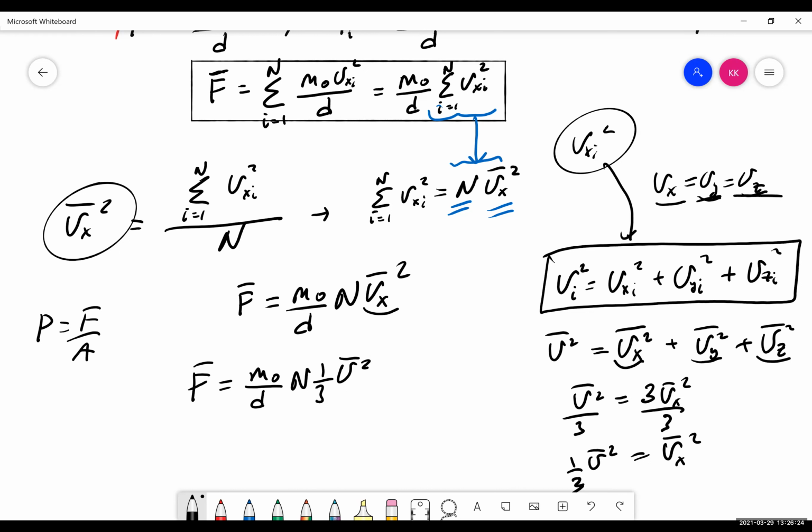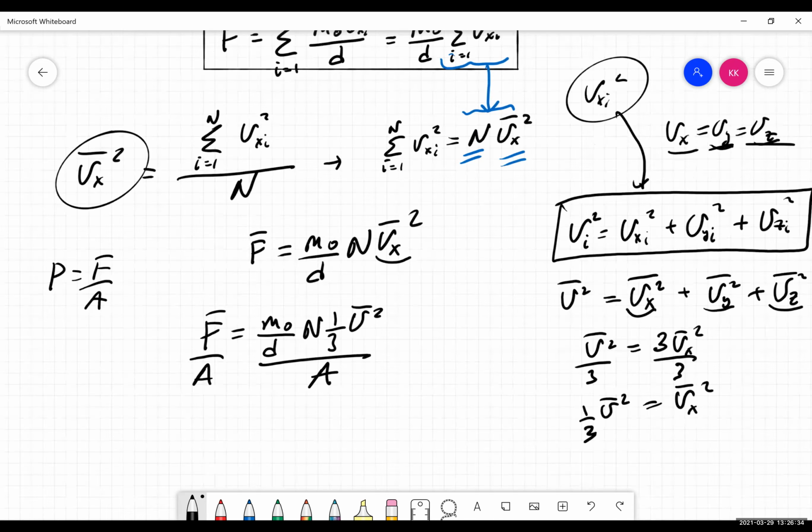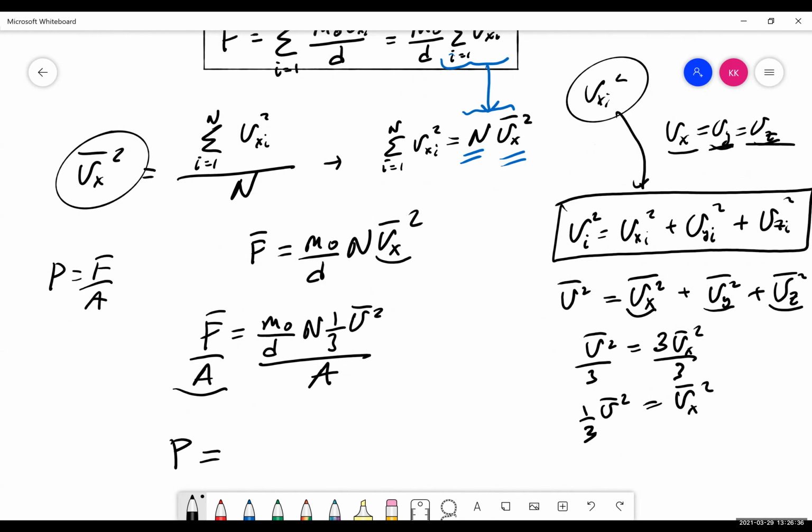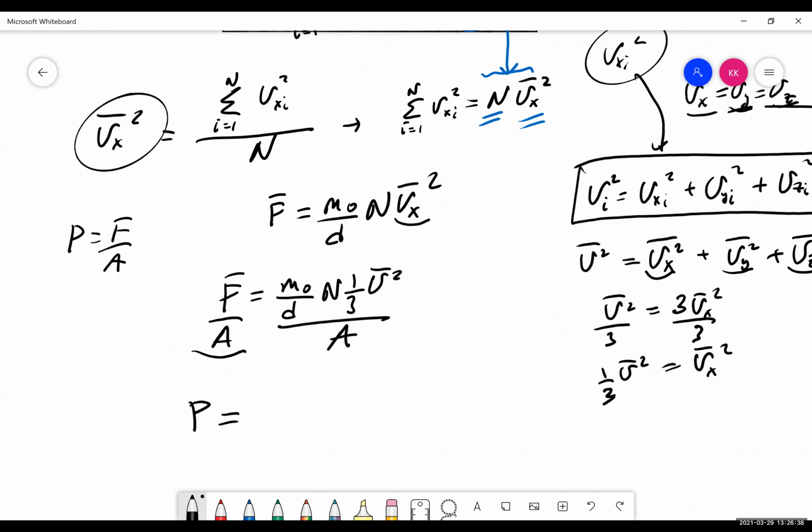So one thing I can do is divide both sides by the area, and on the left side, force over area is technically my pressure. So pressure equals, and if you have a container like this, where this is D, this is D, what is the area?